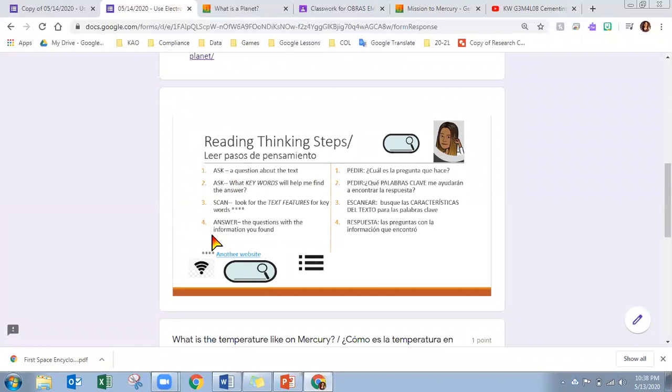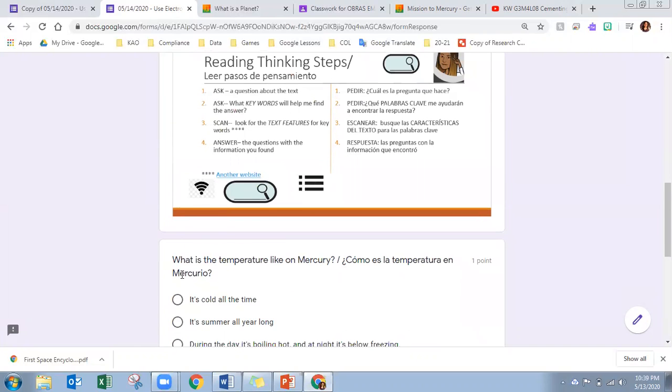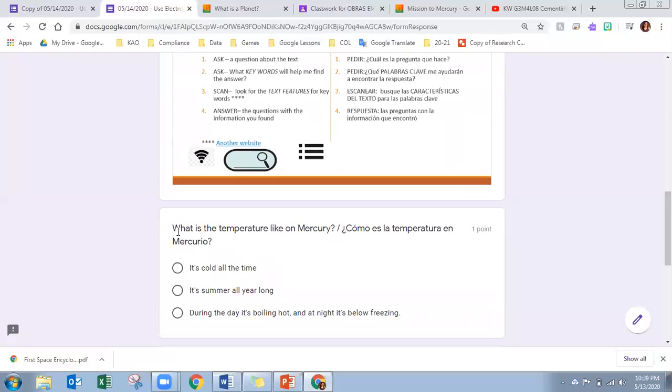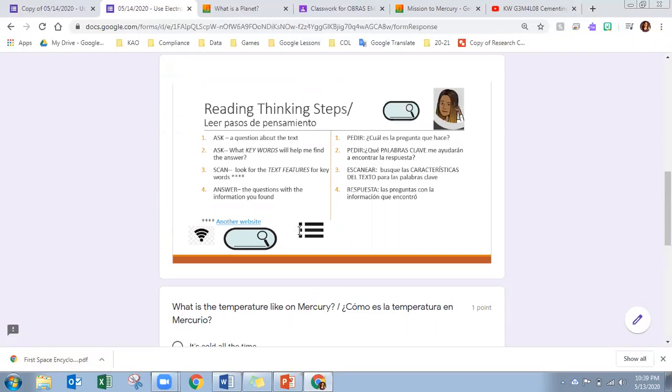So here are reading steps that we've been learning about this week. Our first step is to ask a question about the text. So we were given a question this time. It says, what is the temperature like on Mercury? Ask what keywords will help me find the answer.